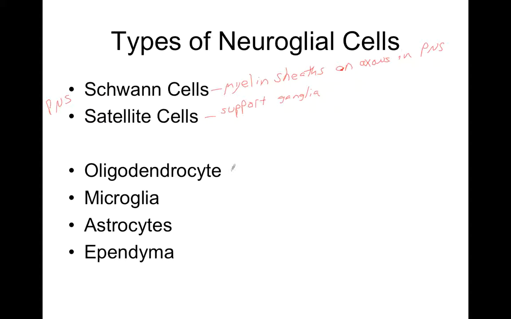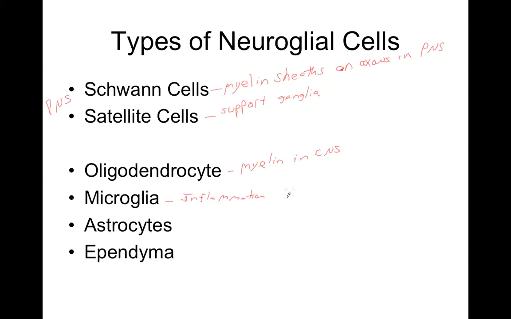Oligodendrocytes form myelin in the CNS. These form the myelin sheaths in the CNS. So they're like the Schwann cells of the CNS. Microglia primarily function during inflammation in the CNS. So maybe during meningococcal disease, something like that.